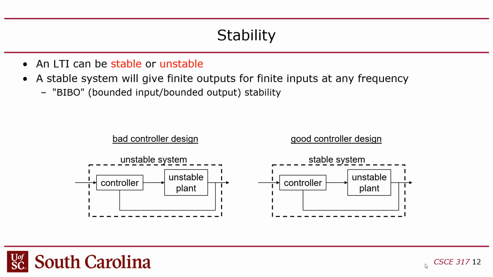That would be an unstable system. And it's possible, depending on how the cruise control system is designed, for that to happen. It could very easily do that, because if you don't have the control system tuned properly, it'll oscillate in a way where the oscillations get larger and larger, and that would be an unstable system, right?